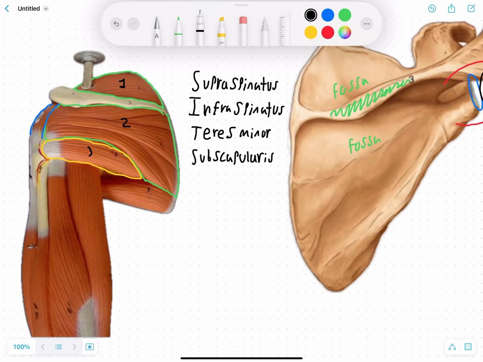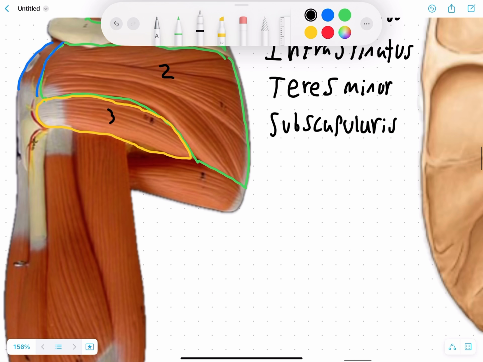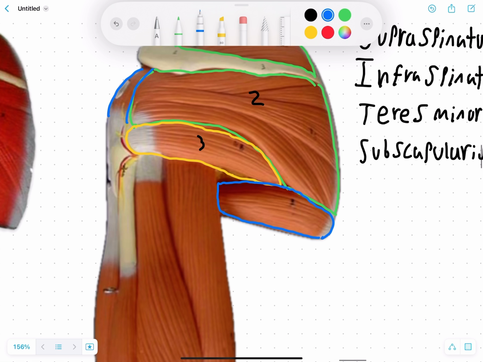So now we can say, okay, we mentioned that teres minor. Where's teres major? Well, teres major is actually going to be located right here, directly beneath teres minor. And so this muscle right here is going to be called teres major. And the reason we don't classify this as a rotator cuff muscle is because all those muscles in the rotator cuff are functioning to hold that humeral head up here into the glenoid fossa.